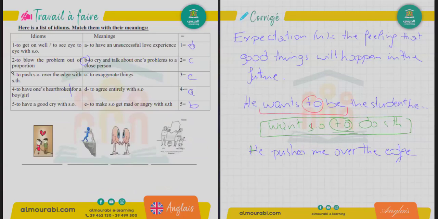Justement l'expression numéro 3 لهنا الإيديم number 3 هي اللي قلنا this is plus E. Her father makes her so angry, so mad. وقت اللي هو يحب يتدخل في حياتها الشخصية he just makes her so mad, so angry.